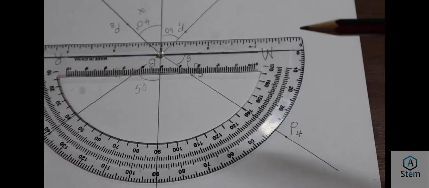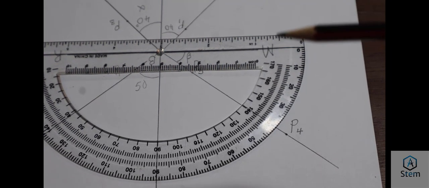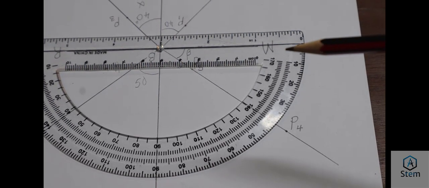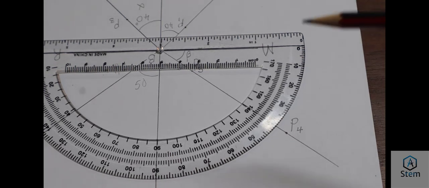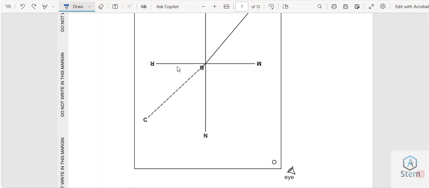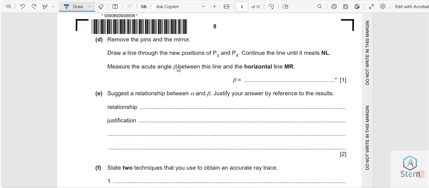We record beta as 40 degrees. Again, from our work, we saw that the angle alpha is also 40 degrees.